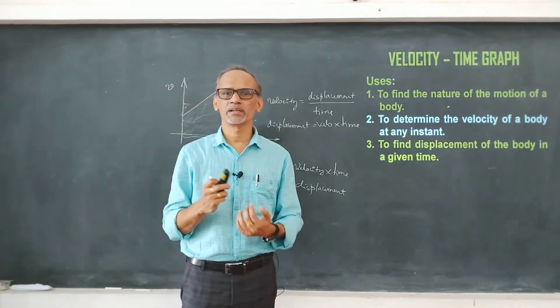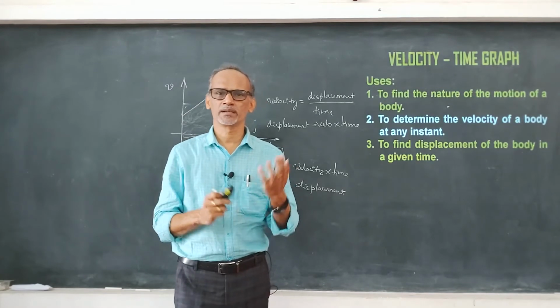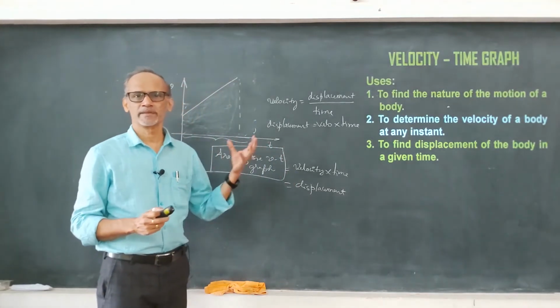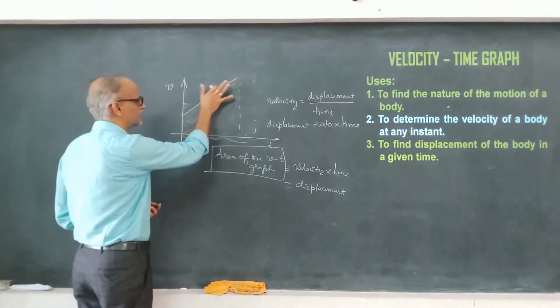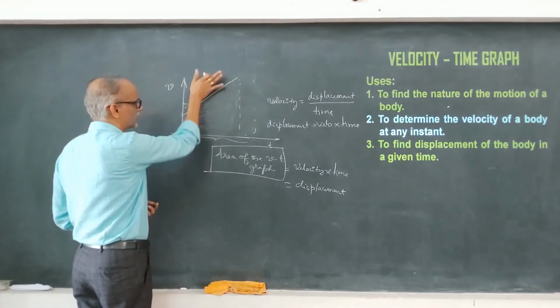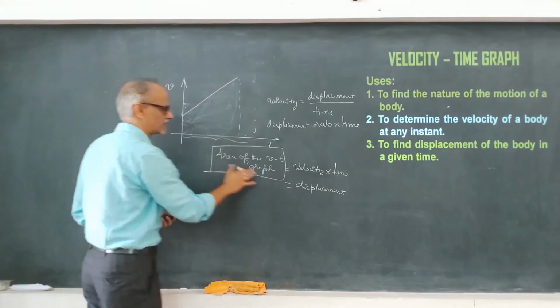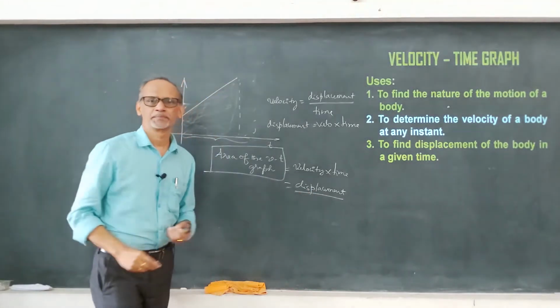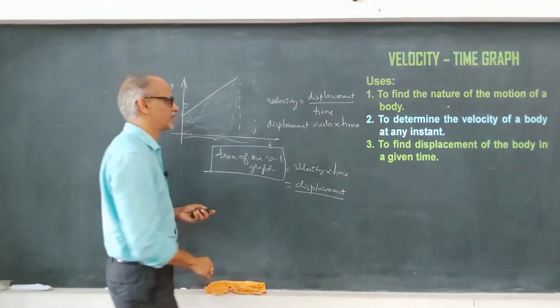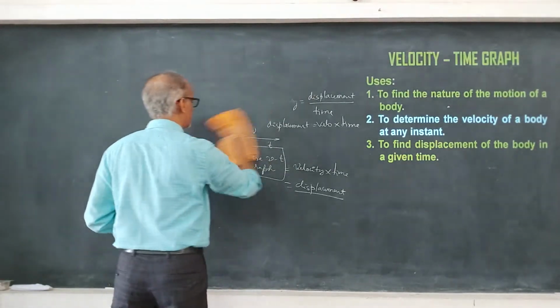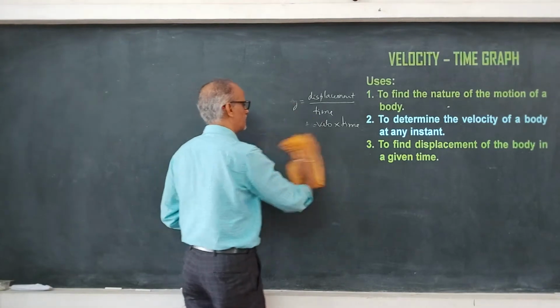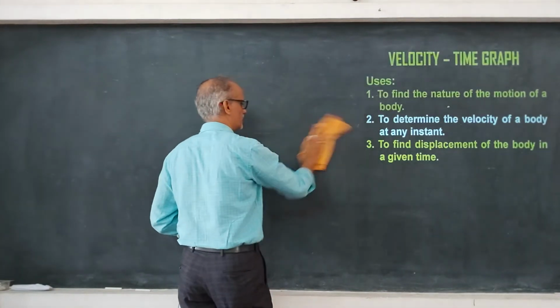That is the reason why that bridge course was done, so that you can use all those formulas in the various topics. So now the area of the trapezium, the area below the VT graph, will give you the displacement. Therefore, the third application: to find the displacement of the body in a given time. How to find the displacement using the VT graph? By finding the area below the VT graph.